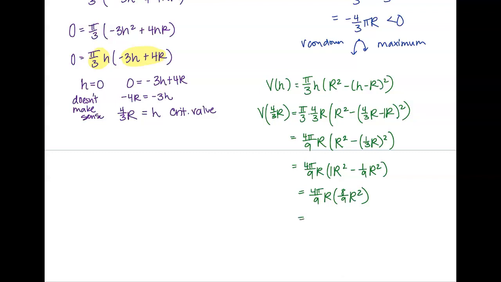Woo! And let's see, now we get what? 32, 4 times 8, pi over 9 times 9 is 81, R cubed. 32 pi over 81 R cubed would be the maximum volume of that cone. So since we were talking about feet, the units would have to be feet cubed because we're talking about a volume. And that is our answer.